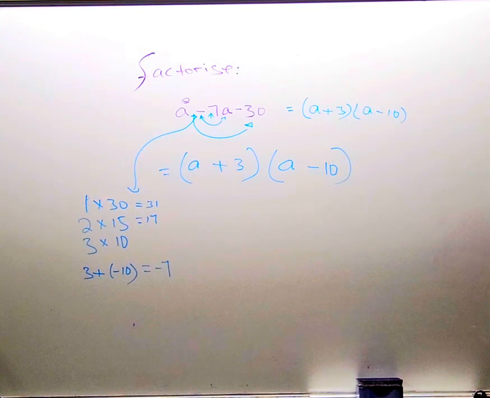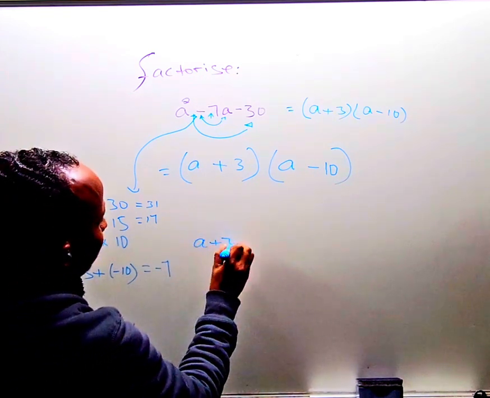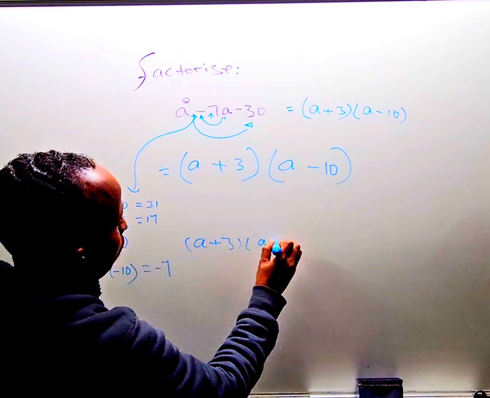Before you write down and conclude that, check your answer. Is it correct or not? How should I check? Yes, multiply out the brackets again. What we get is a plus 3 times a minus 10.